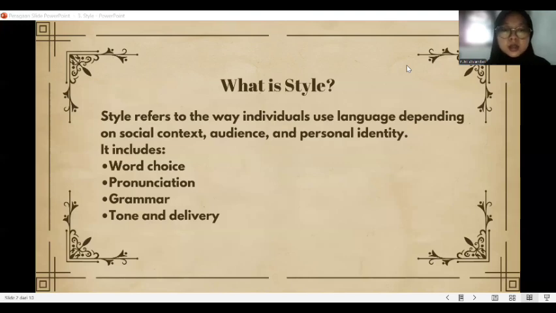Pronunciation, regional accent, or careful versus relaxed speech. Grammar, use of contractions, complete sentences, or colloquialism. Tone and delivery: polite, aggressive, humorous, etc.